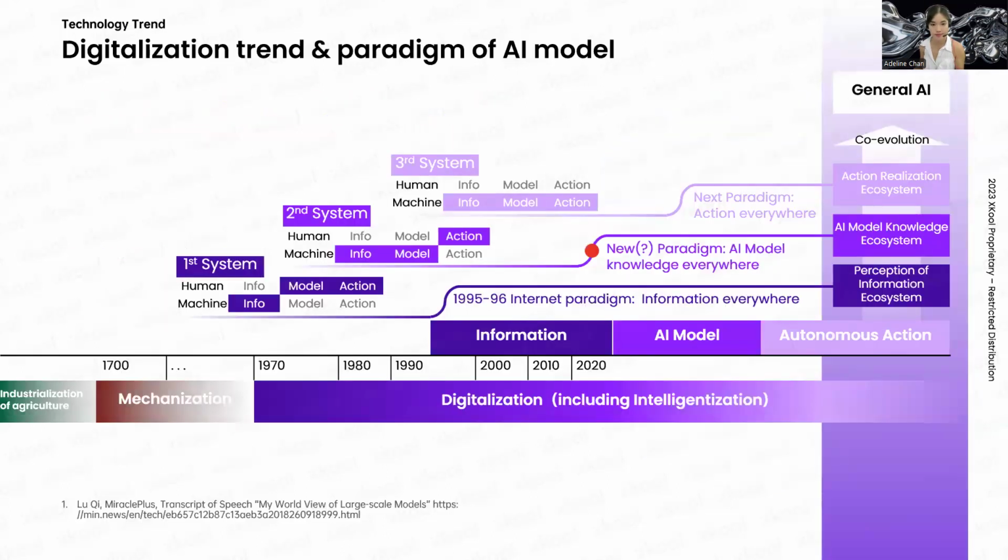So let's begin with some of the recent trends in AI. Since 1970, the wave of digitalization has begun already. In the first system, a machine is able to handle the information and humans just need to do the modeling and actions. From 2000, the tech generally shifted to the second level of the system, where a machine is potentially able to process information and also do modeling, and humans just need to make the decision and take the action.